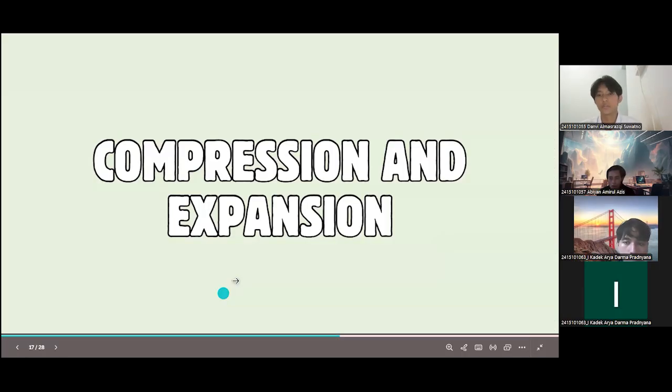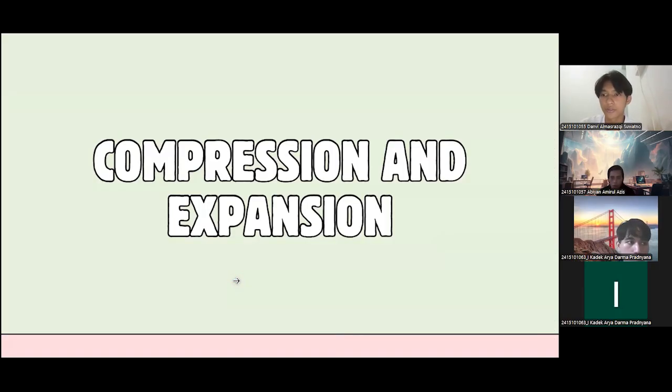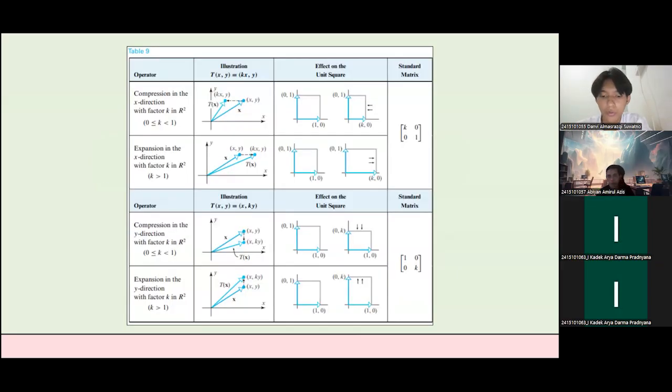Thank you. Okay, so now I will explain expansion and compression in matrix transformation. Before we look at the table, I will define expansion and compression. Expansion and compression are linear transformations that change the size of an object in two-dimensional space.